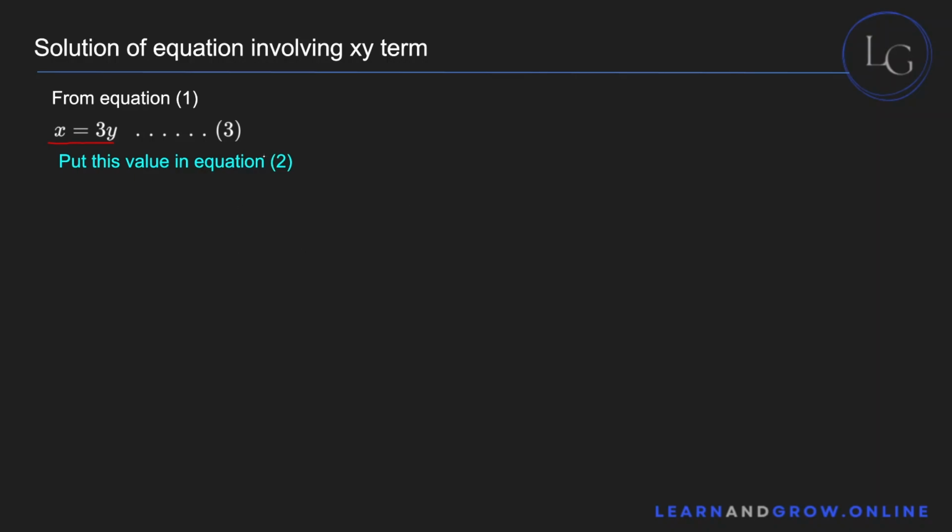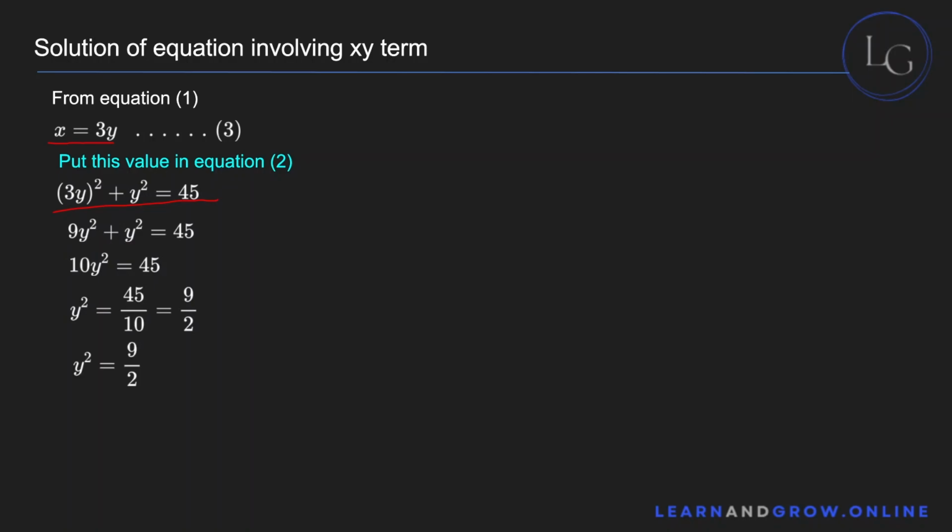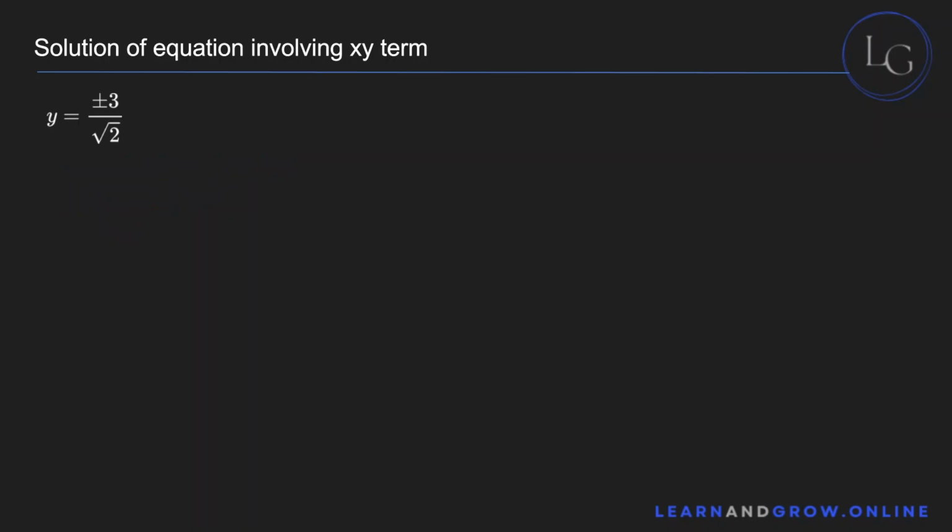Now put this value in equation 2, and so you replace x with 3y, and you get this equation, and by further calculations you'll get two values for y, positive 3 over under root 2 and negative 3 over under root 2. So you have two values for y.